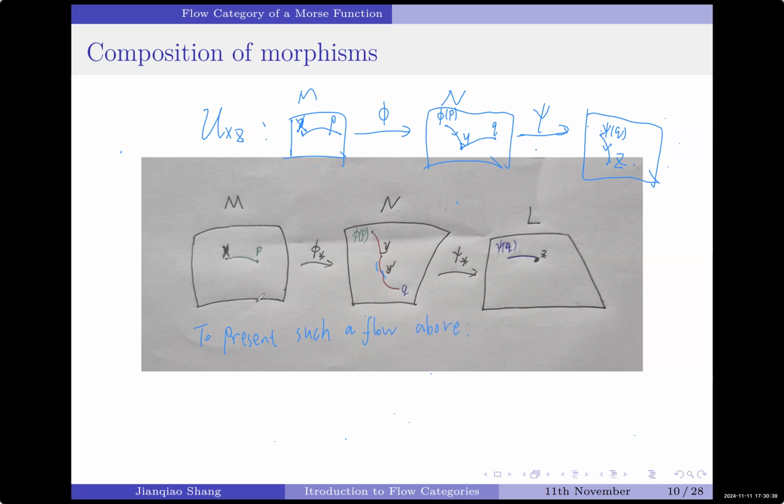Either I consider this part and this part as our first part, and this part and this part as our second part, or we can consider this part and this part as our first part, and this part and the left one as the second part.